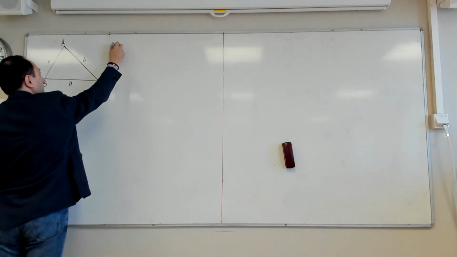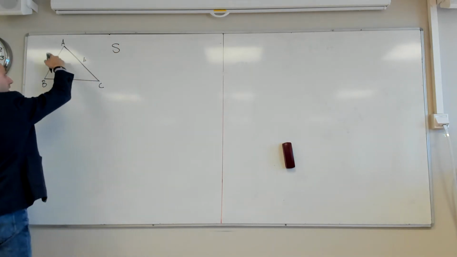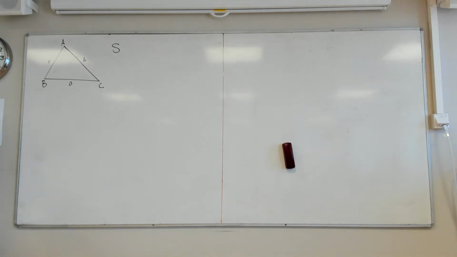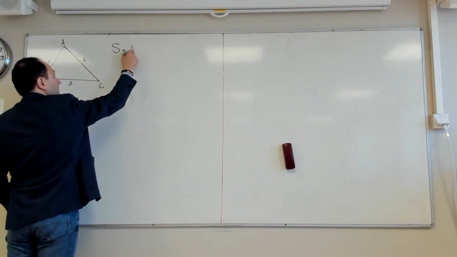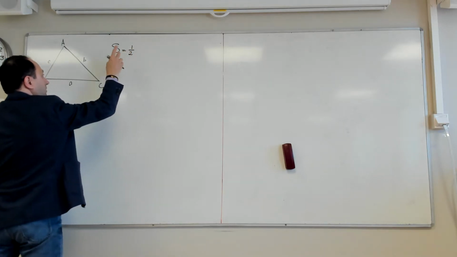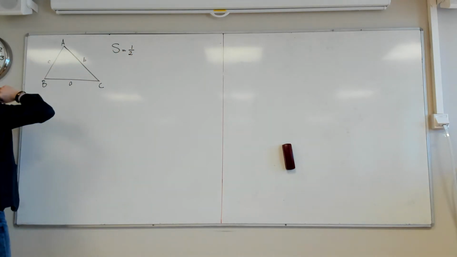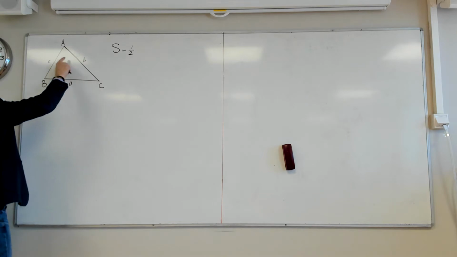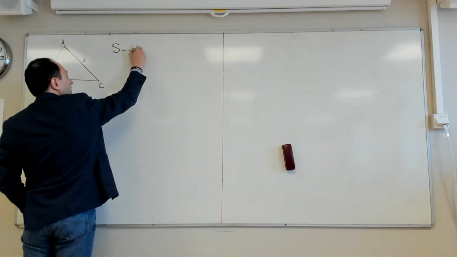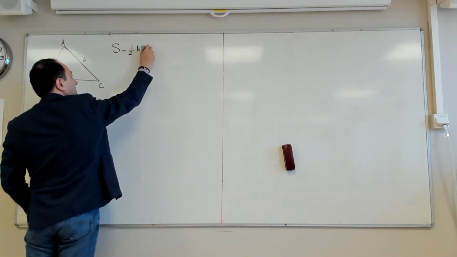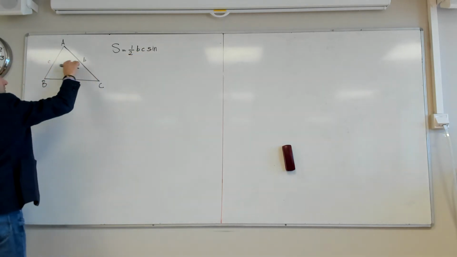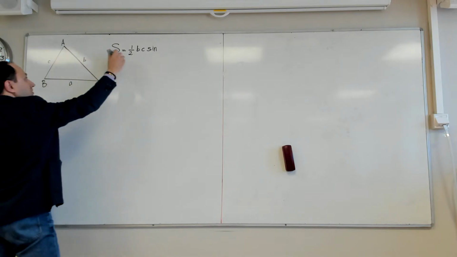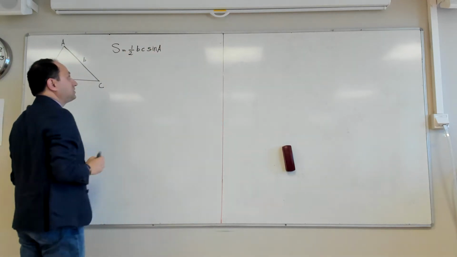And if I call the area S, S denotes the area of this triangle, and then it becomes equal to 1/2 the product of any two of these sides, for example B and C, but multiplied by the sine of the angle between these two sides.